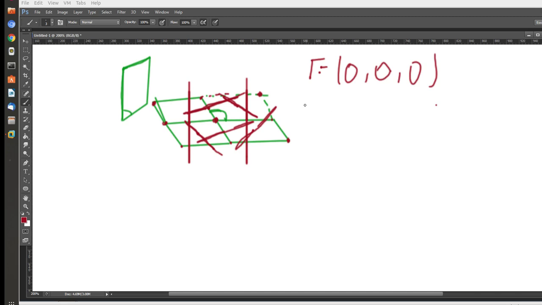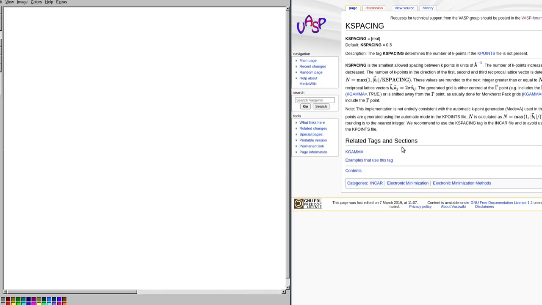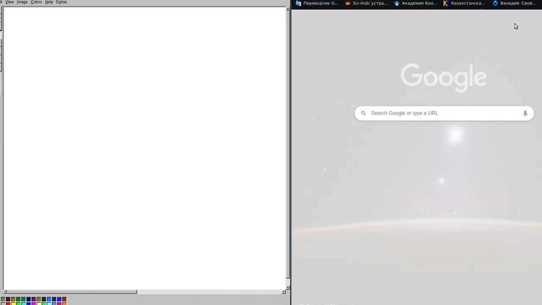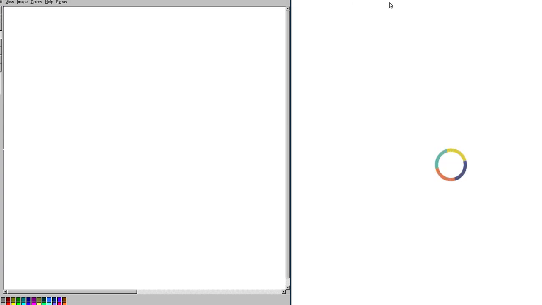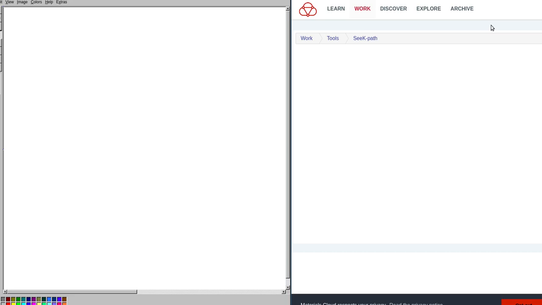And there are other high symmetry points. When you don't know high symmetry points, it's always useful to go to online resources. One of them is that website.